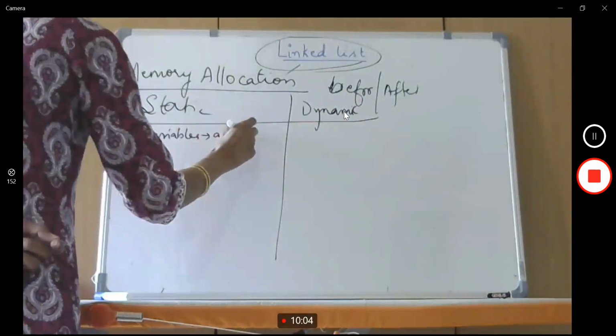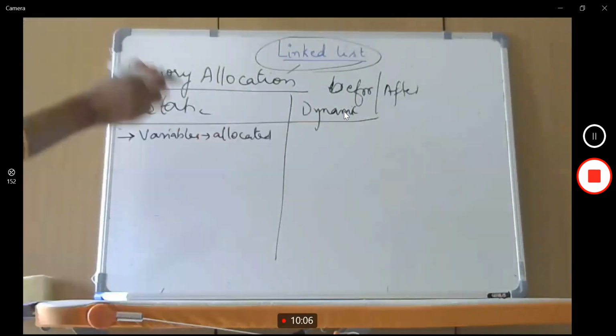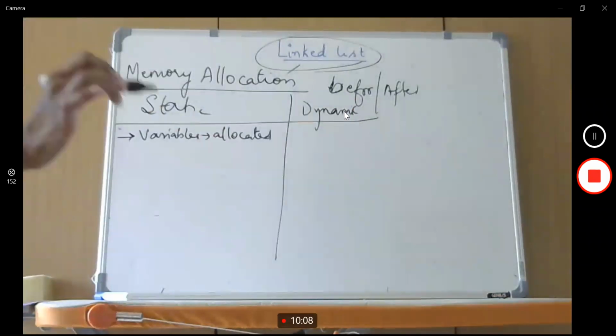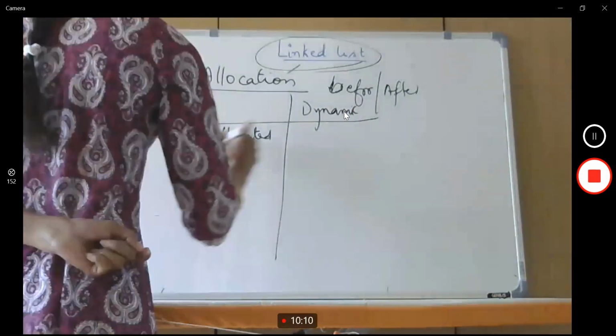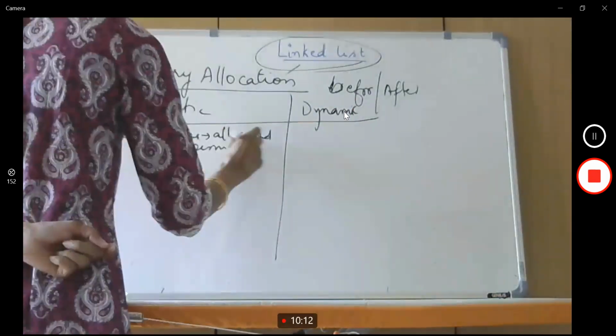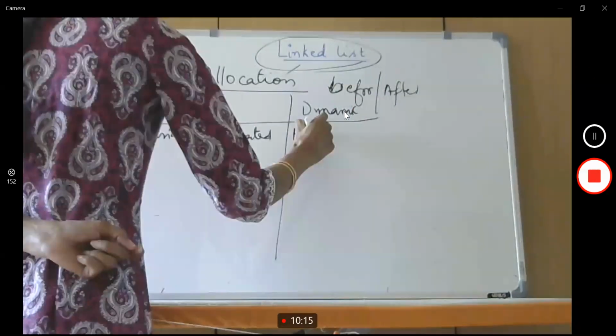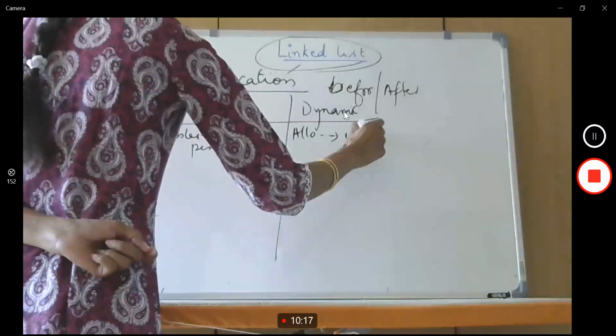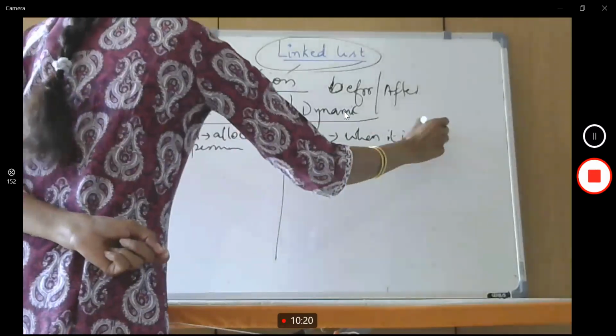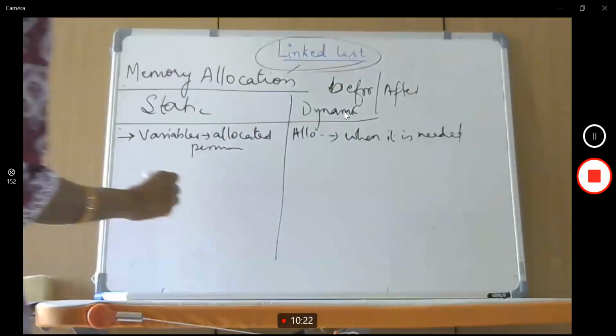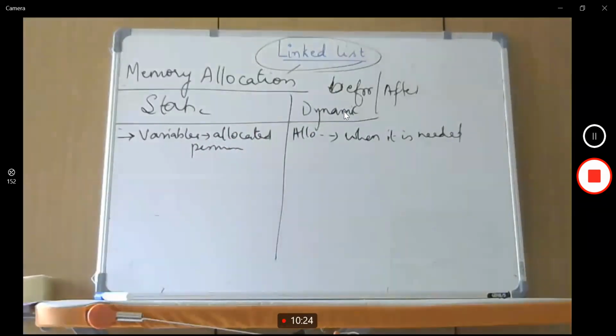That means you are allocating memory to the variables before, at the compile time itself. So here, permanently it will get allocated. Here, what will happen? You are allocating memory only when it is needed. That is, you are going to do it only when the program unit gets active. So only when it is required, you are going to allocate the memory.